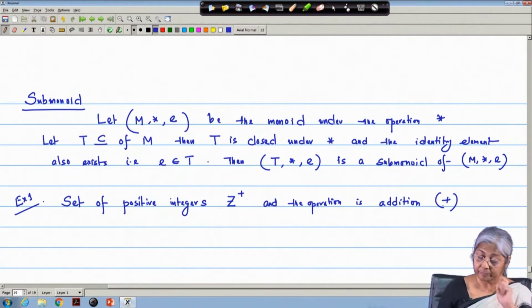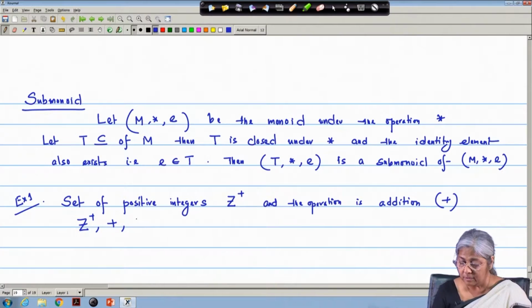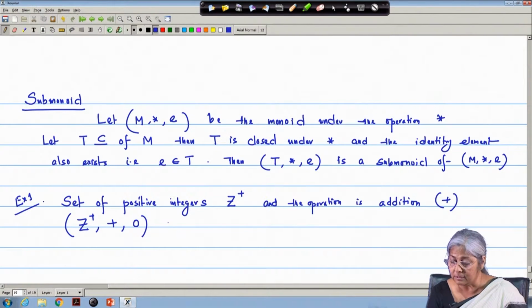Already we have seen that Z plus under addition has an additive identity, 0, which exists. So, this is a monoid.